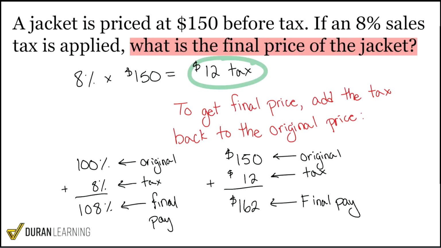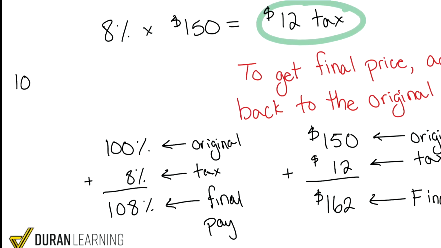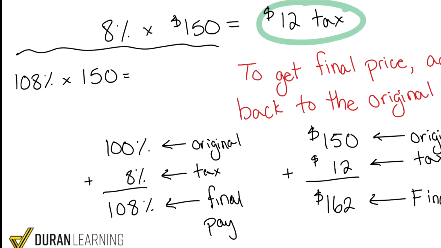So Junzi, it will work. It will work if we do 108% times 150. But here's why I'm saying it's going to be a little weird. So let me just kind of block this off here, and let me just move this slightly out of the way.